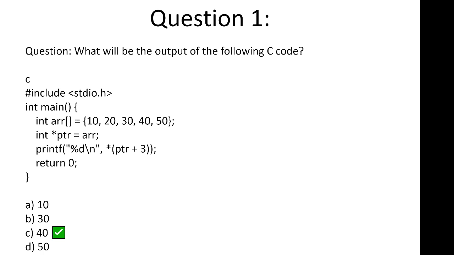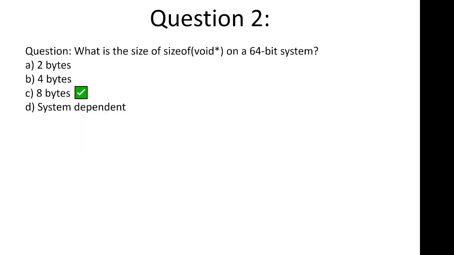Please try to solve this question, and also put a timer on it. See the declaration of the array, and I am pointing to the array, and here I gave you the print statement plus 3. Second, what is the size of a void pointer on a 64-bit system?